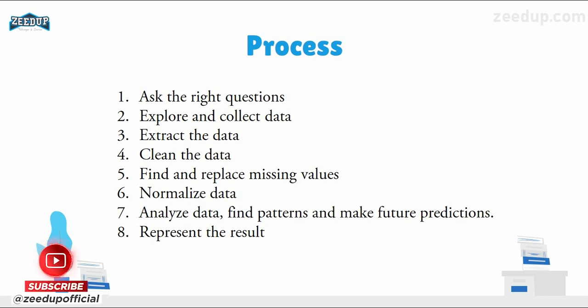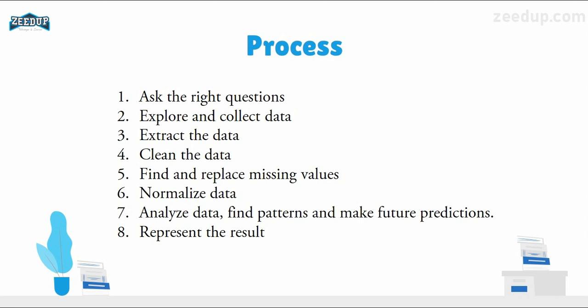Then after bringing the data, you need to clean the data, because it is highly possible that the data that you have got from different places is unclean, that it can contain some kind of discrepancies. So you need to remove those discrepancies and prepare the data so that some kind of analysis or predictions could be made on it. Then if you have any missing values, you must find a way to find and replace those missing values, right?